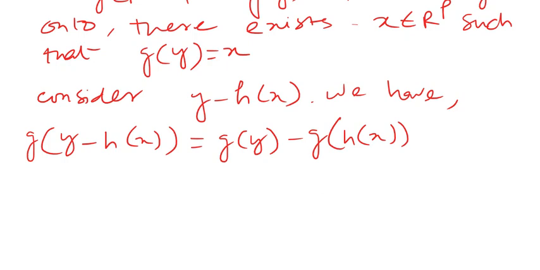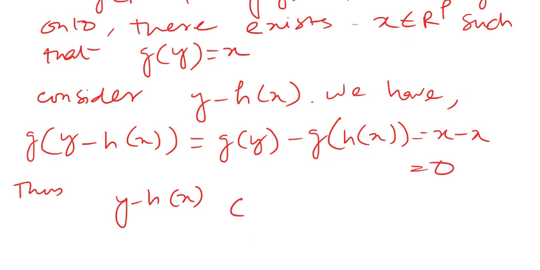That means the value of g of y is x, and the value of g of h of x is also x, so x minus x equals 0. Thus y minus h of x belongs to kernel of g equals range of f.